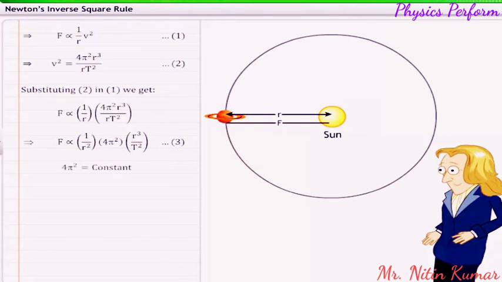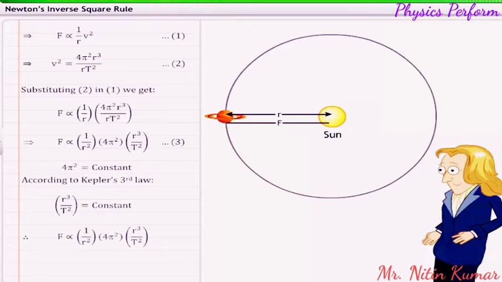According to Kepler's third law, r cubed divided by T square is also constant. Therefore, we can eliminate these constants from the relationship. Eliminating the constants, we get the relationship as F proportional to 1 divided by r square.